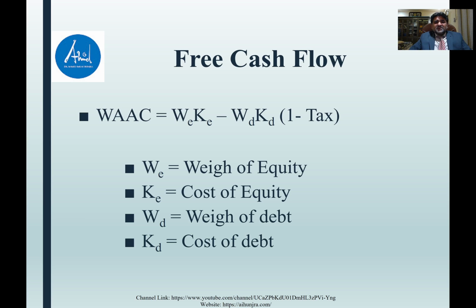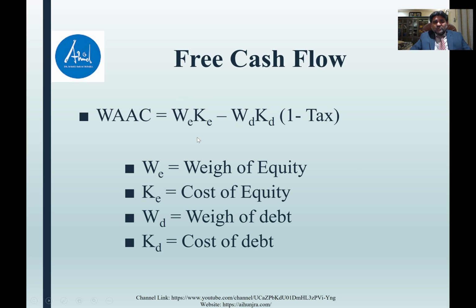So the weighted average cost of capital is weight of equity into cost of equity. The overall financing is, I suppose, 100%, and out of 100%, how much is financed by equity and how much is financed by the debt side. I assume the debt equity ratio is 30 and 70. What does it mean? Debt is 30% and equity is 70%.